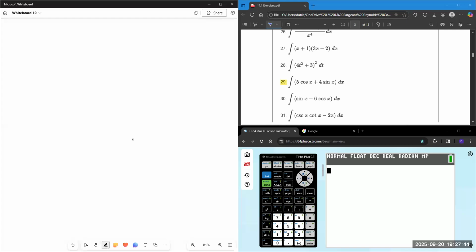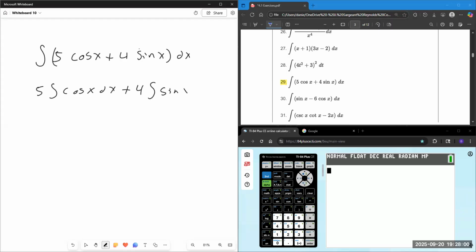So the integral of 5 cosine of x plus 4 sine of x dx will be 5 times the integral of cosine of x dx plus 4 times the integral of sine of x dx.